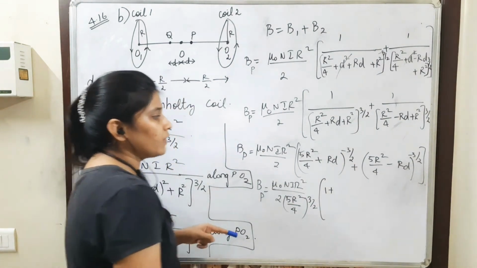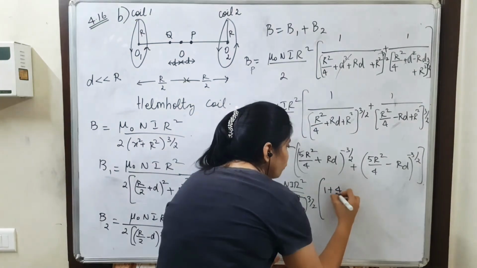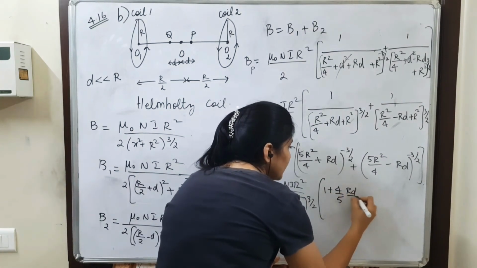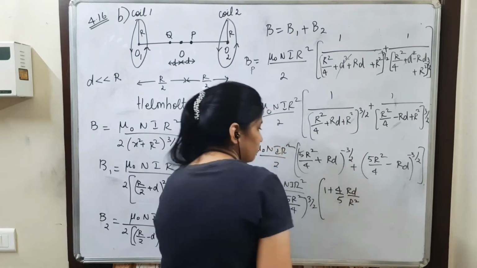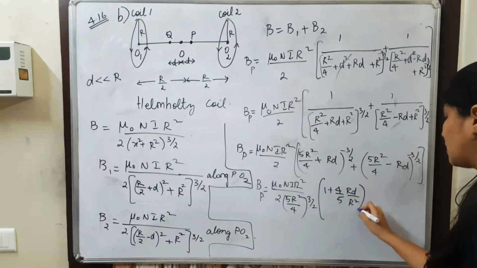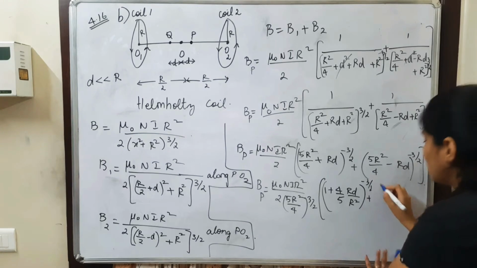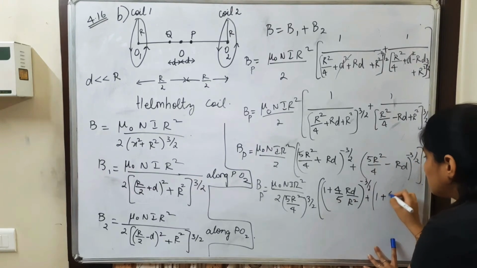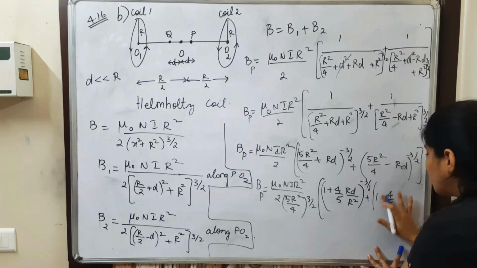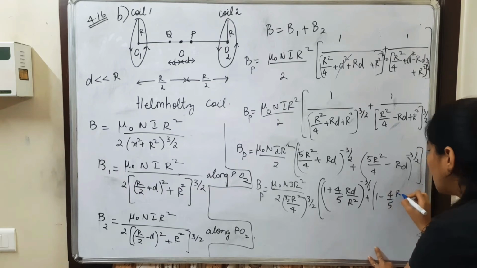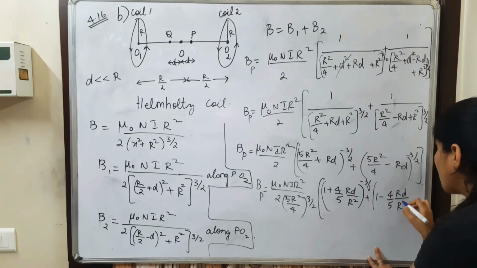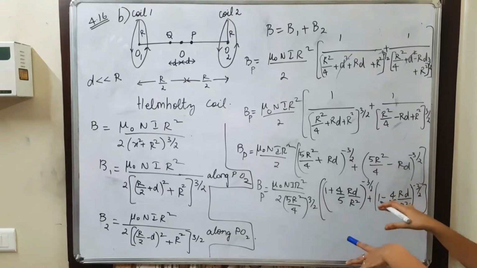RD divided by 5R square by 4 means 4 by 5 RD divided by R square, this thing the whole power minus 3 by 2, plus same thing here, 1 plus, minus 4 by 5 RD divided by R square, the whole power minus 3 by 2. Now I know this is really confusing, but if you do it on your own you will get it.